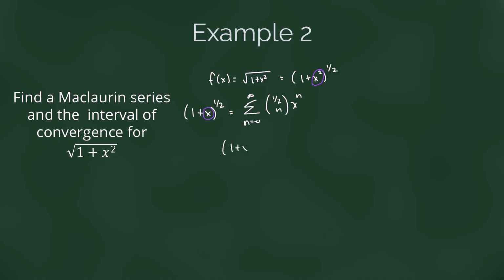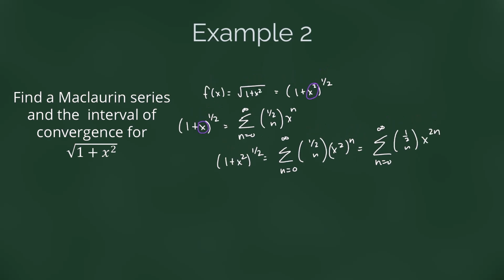So f of x, (1 plus x squared) to the 1/2, must be the sum from n equals 0 to infinity of 1/2 choose n times x squared to the n, which is of course x to the 2n. Now let's go ahead and find a radius of convergence for this.